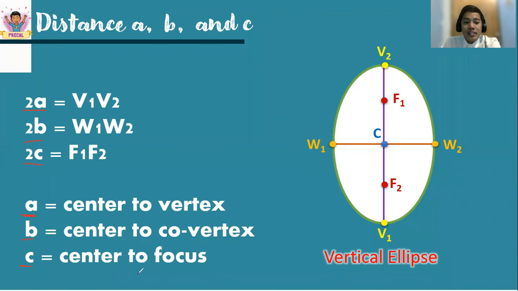And C is our distance from center to focus. So do not also get confused, because in the formula, what is reflected is a squared and b squared. So whatever the value of a and b, you should square them on the standard equation.